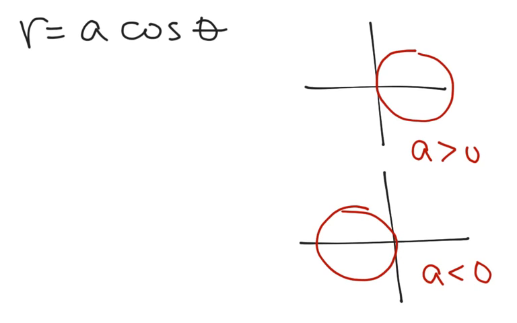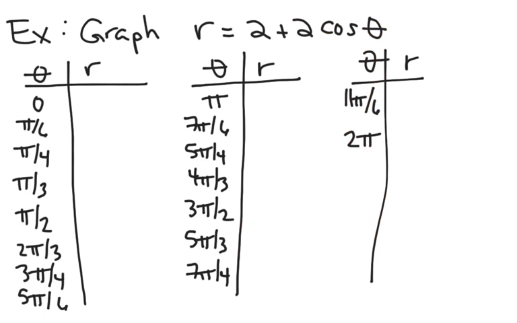Well, not all the graphs of polar coordinates are circles. Sometimes they're going to get some very different shapes. Let's talk about that. I want to graph this polar equation: r is equal to 2 plus 2 cosine theta. And I'm going to do the same thing again. I'm going to plug in all the numbers from 0 to 2 pi and find out what the radius is from the center.